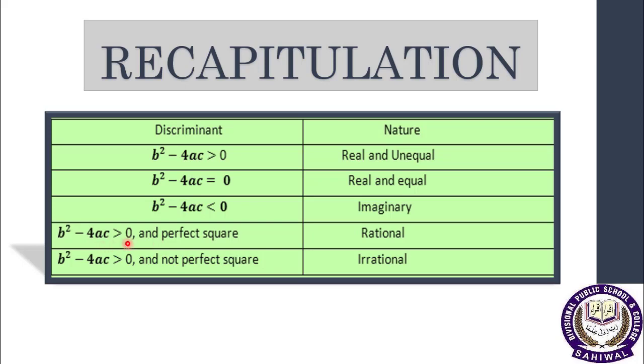If the number greater than 0 is a perfect square, then we have rational and unequal roots. And if the positive number is not a perfect square, then we have irrational roots and they are unequal. If b square minus 4ac is equal to 0, then the roots are real and equal. And if b square minus 4ac is less than 0, the roots are imaginary and they are the complex conjugates of each other.